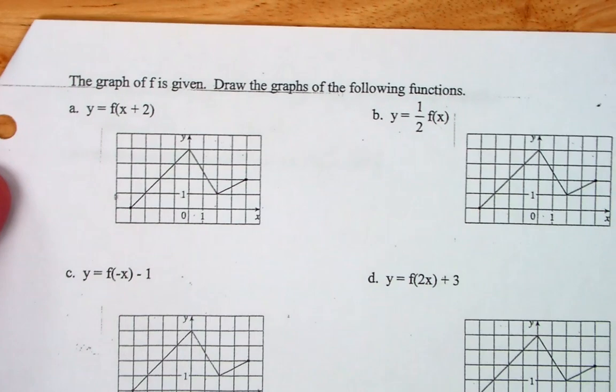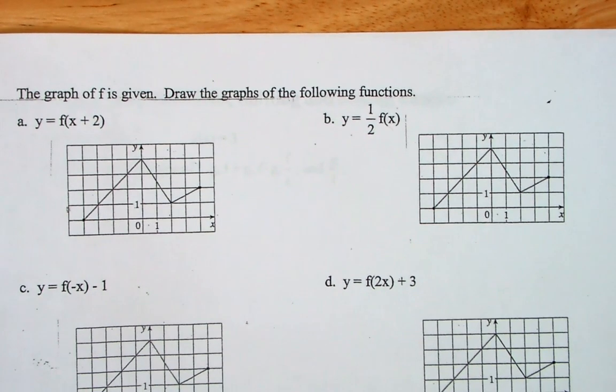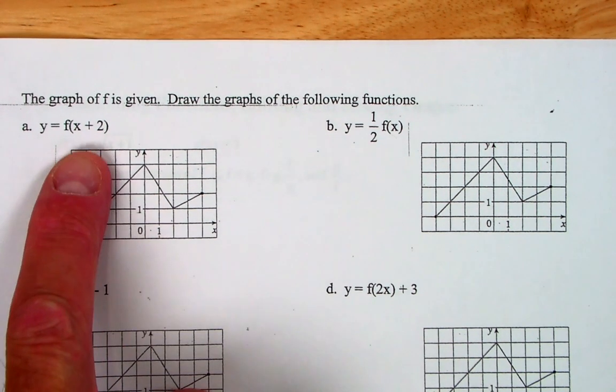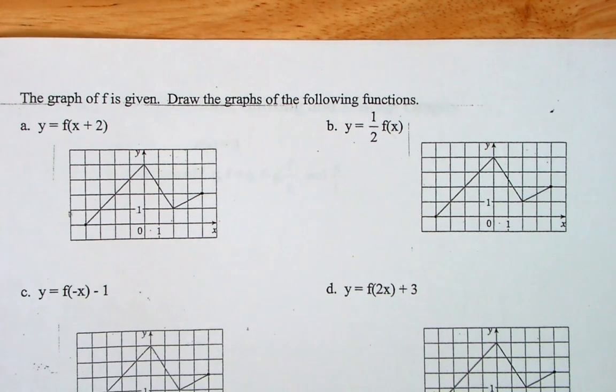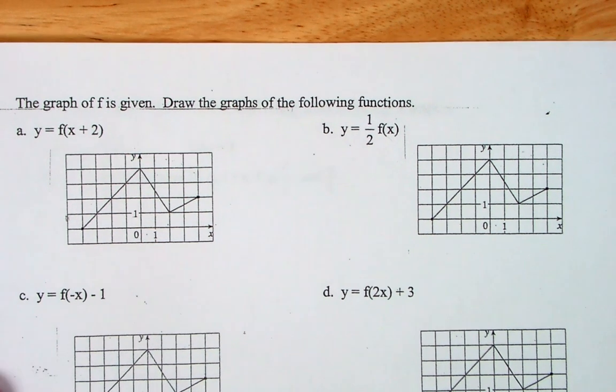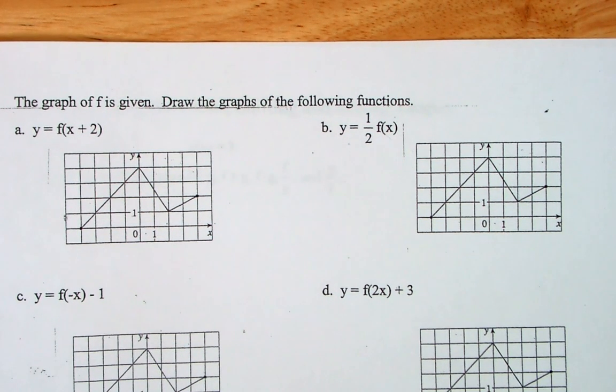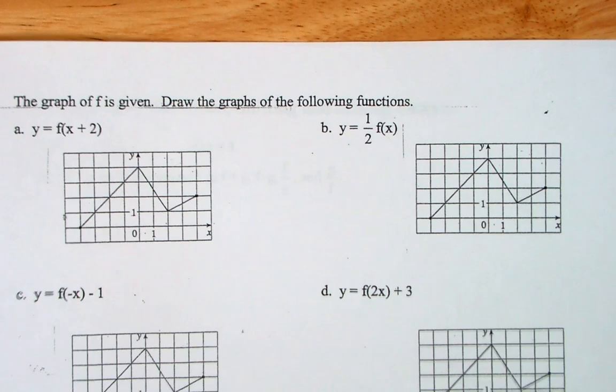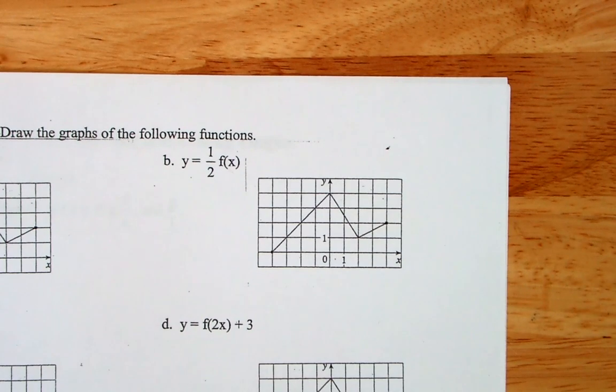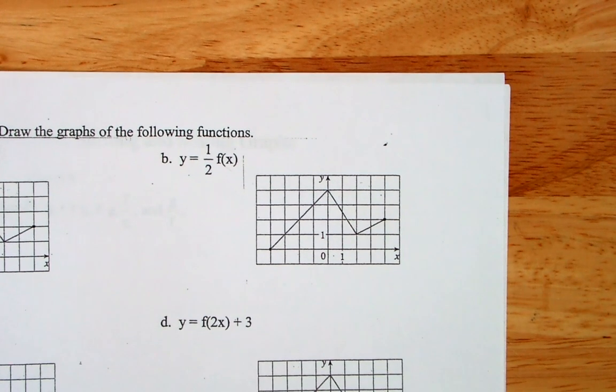Okay, we won't do all of these, but here's, like this one, we take every point and move it to the left 2, because inside, horizontal shift, it's going to be the opposite of what it says. Okay, this one, half as tall, but based upon Kat's great question before, let's practice this.